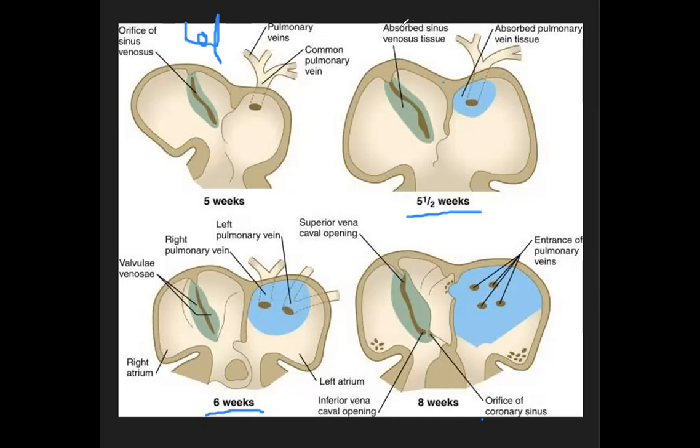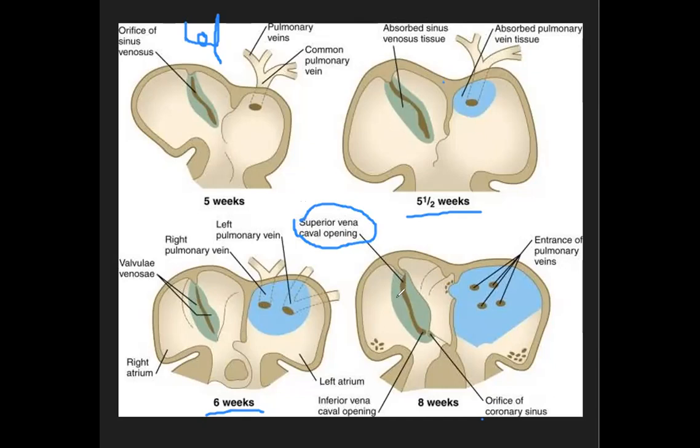They absorb sinus venosus tissue. It is also incorporating inside, and then it formed the valvuli, and later on it is converted into the superior vena cava opening, the sinus venosus portion.